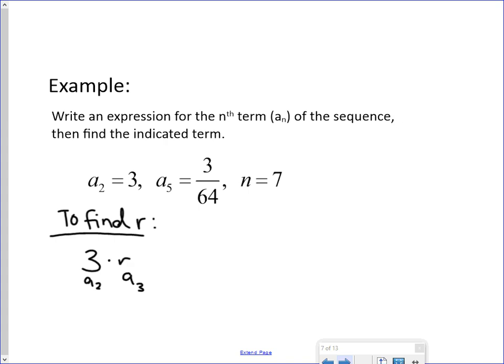Well, we don't know the third term, we know the fifth term, so I would still have to multiply by r again, and that will get me to the fourth term. And then I will multiply by r one more time, and that will get me to the fifth term. So 3 times r times r times r, whatever that may be, is 3 over 64.